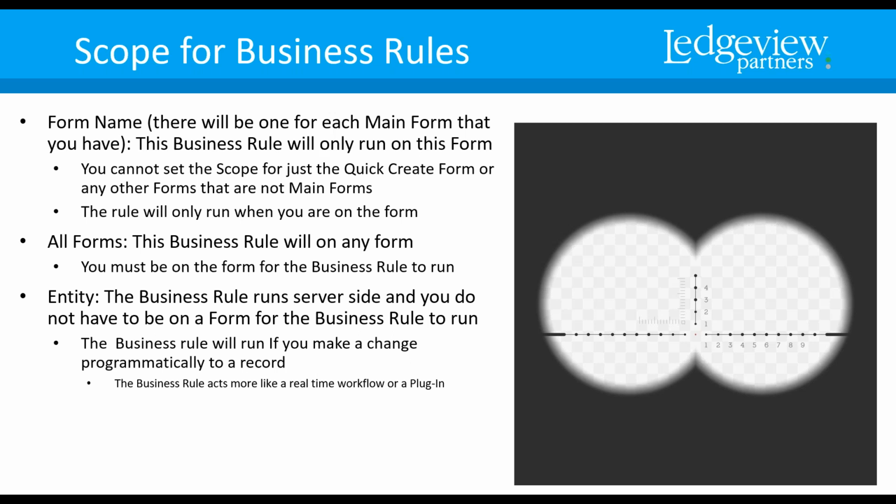So being on the form, you really only need it set to that. But field value, yes, you really need to have those set to entity. Because if they're ever changed, you need those fields to be updated right away because they can affect reports. Okay, so they act more like a real-time workflow or a plugin.